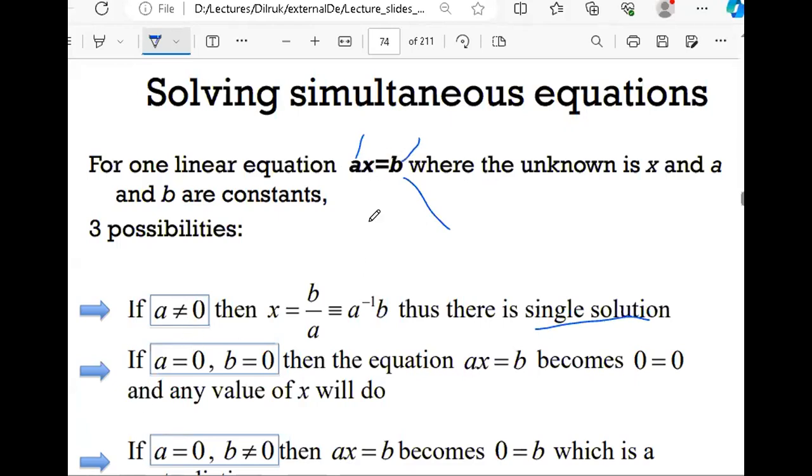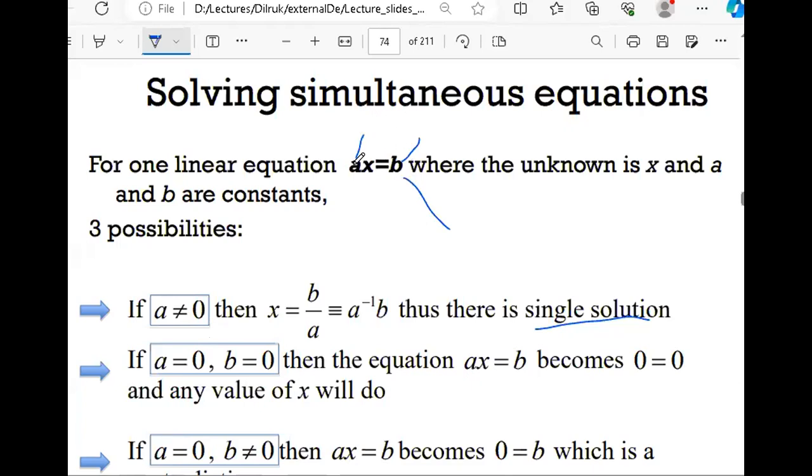If both a and b are equal to 0, x can be any value. You can substitute any value for x. So if both a and b are equal to 0, this equation has infinitely many solutions, since any number satisfies the equation.